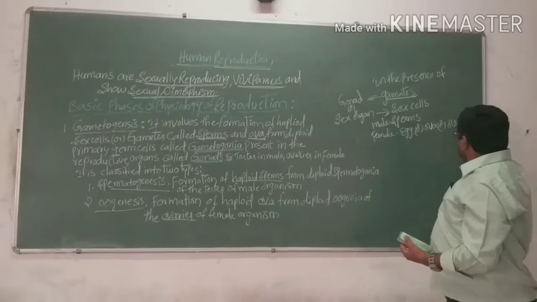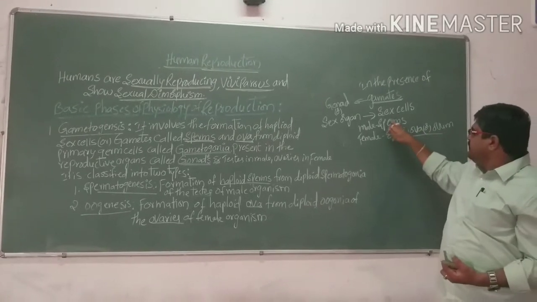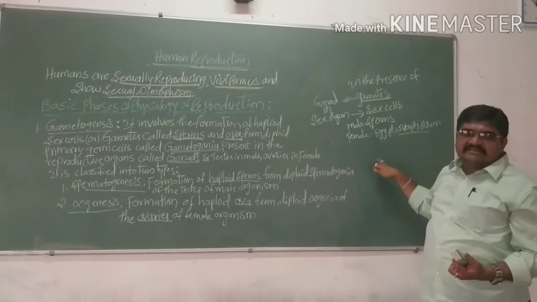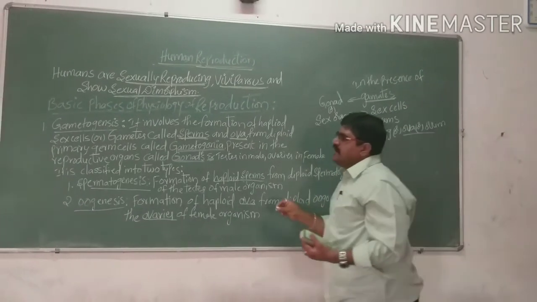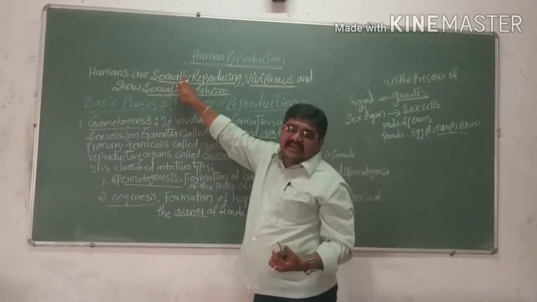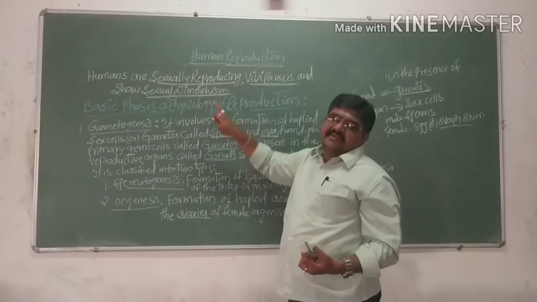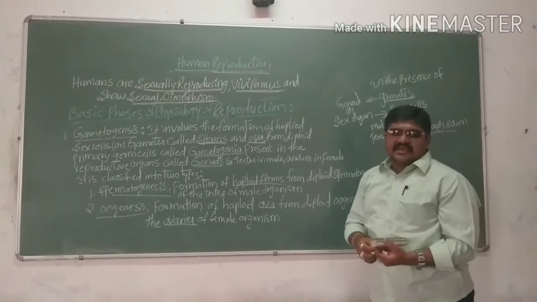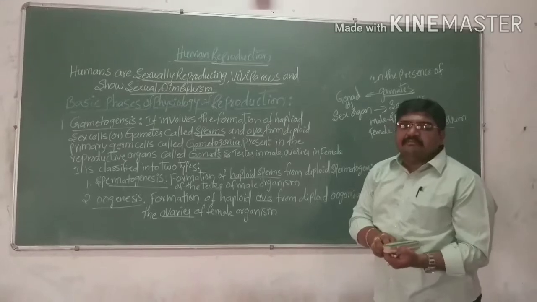So in the presence of gametes, reproduction takes place. Humans we can call sexually reproducing organisms. And second one, viviparous. Humans show viviparity.